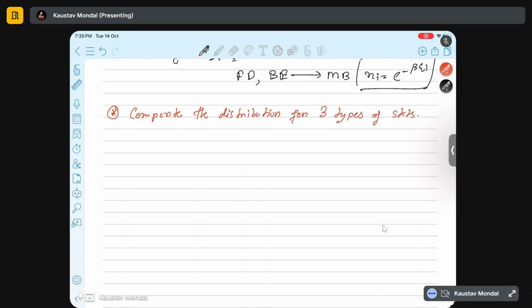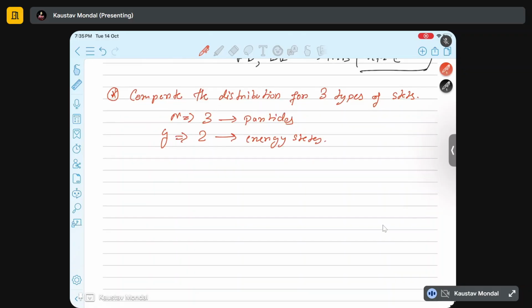And the number of particles n is 3 and g equal to 2 are the energy states. So there are two states, state A and state B. The number of particles are 3.